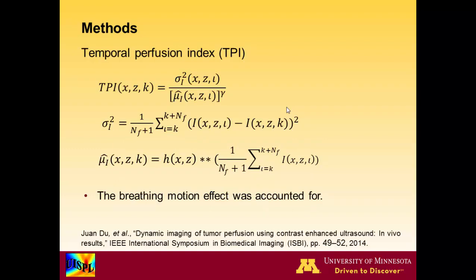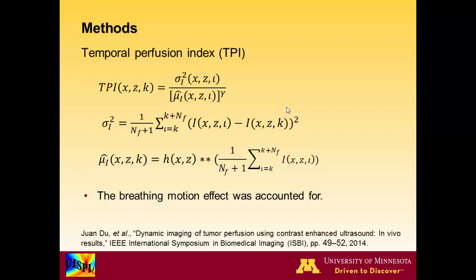So even with nonlinear filtering, the echogenicity from macro vessels is still very subtle, and to better image the blood perfusion from macro vessels, we propose the temporal perfusion index. The main idea of the TPI is to reward the variance of each pixel over frames, which is over time, and at the same time penalize the mean of each pixel over time, with a special moving average filter.